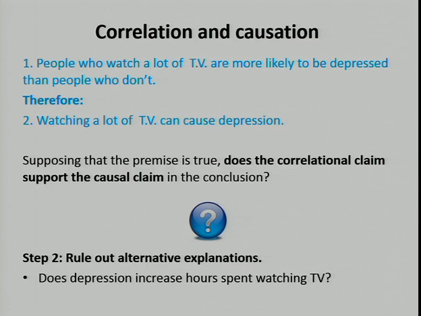So there's a very obvious alternative explanation, namely that being depressed causes TV watching. And if that were the case, then the causal claim would be wrong. So try and fiddle with the order of the cause and the effect, and if that works, then you have a problem for the causal explanation.